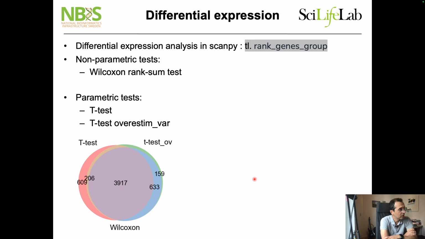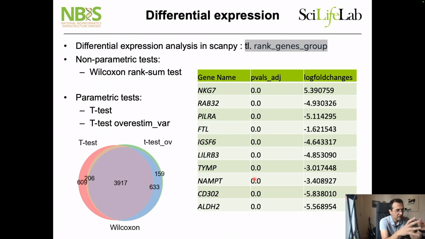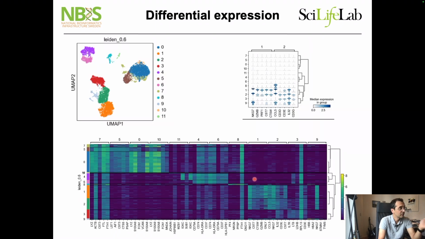But all in all, in this small set that I tested, you see very good overlap between the different methods. What you get at the end, similar to bulk RNA-seq, is a list of the genes, significance level, and then the magnitude of difference between the clusters or conditions.